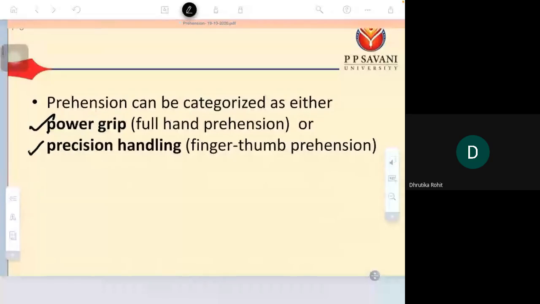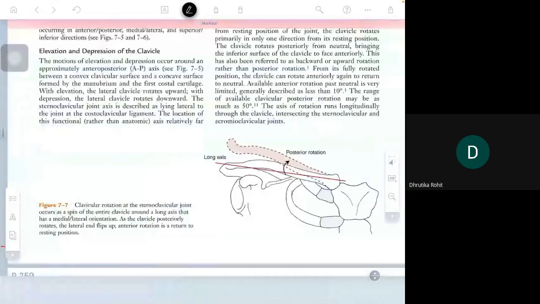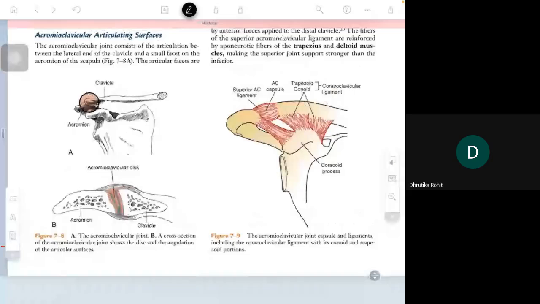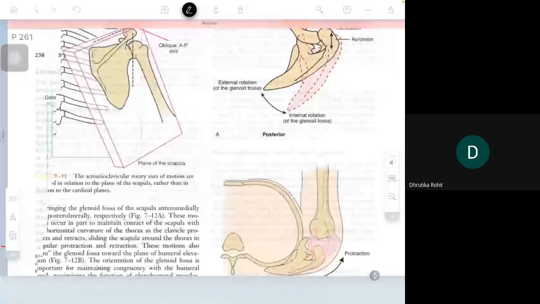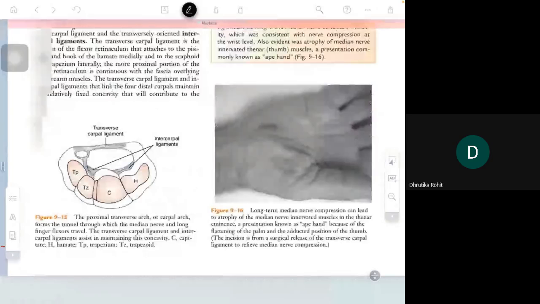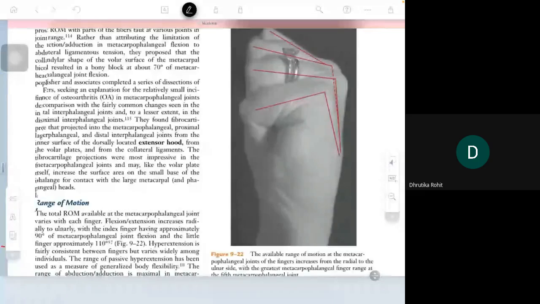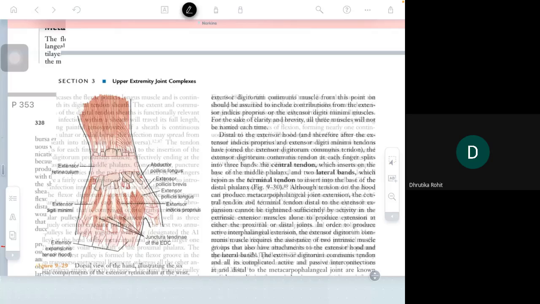So I'll show the picture of what is power grip and what is precision handling.